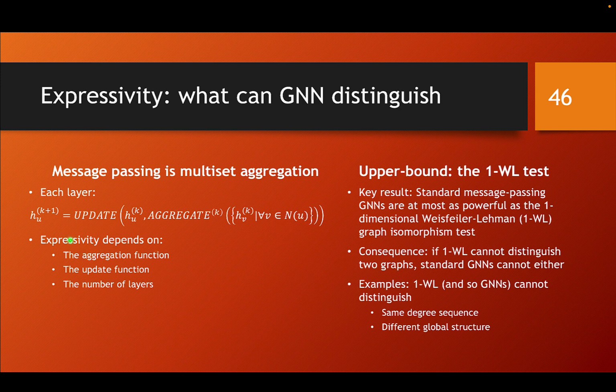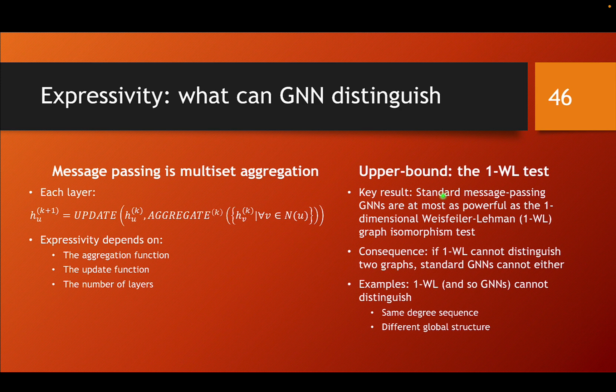The expressivity of this updating depends on the aggregation function, the update function, and the number of layers. And this is really about multisets because several identical neighbors contribute cumulatively their features. For example, if two nodes have identical own features and identical neighborhood feature multisets, graph neural networks cannot distinguish them no matter the depth you might choose for your model.